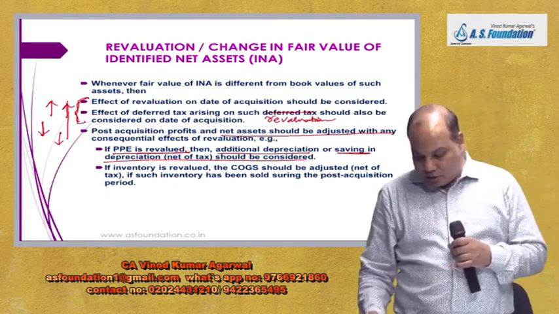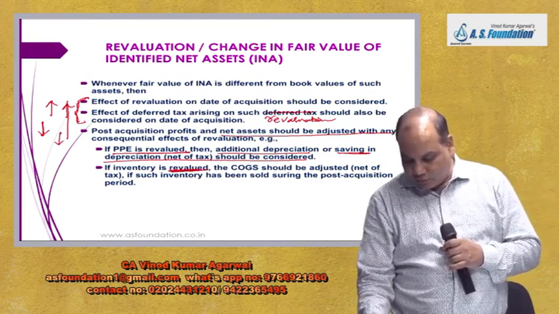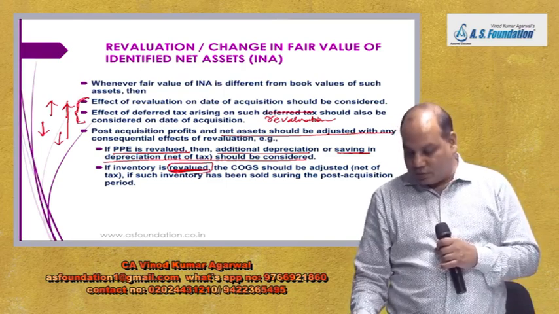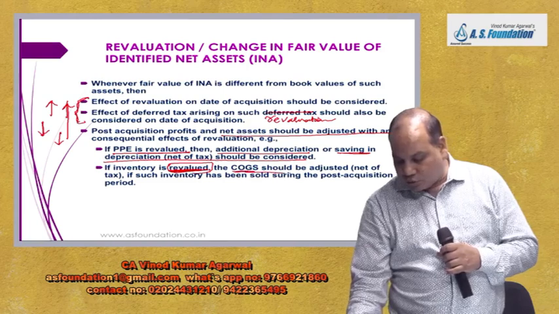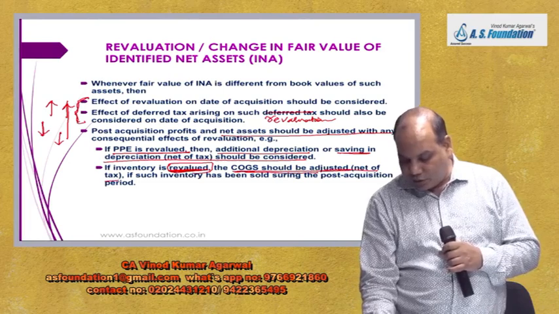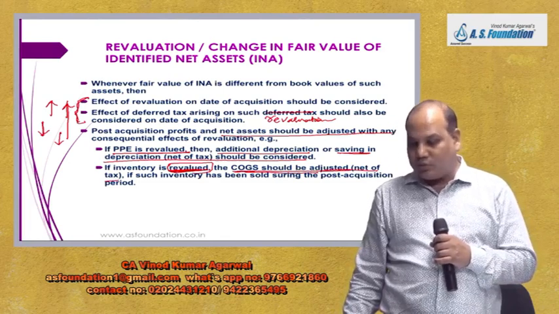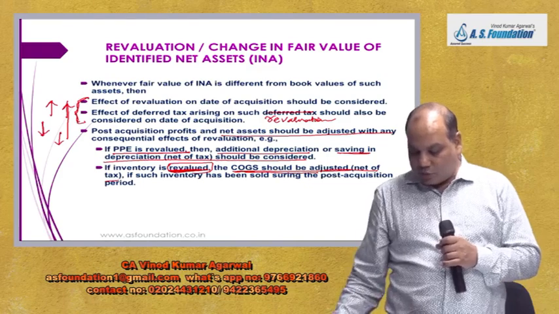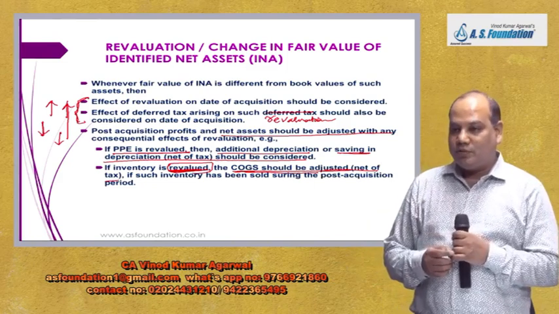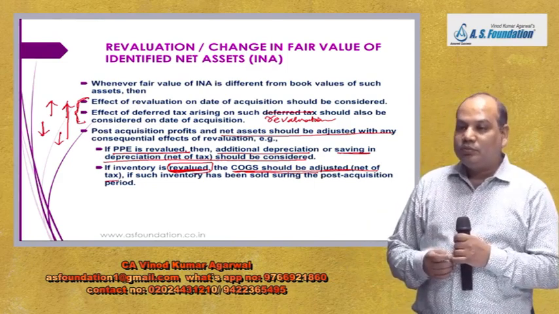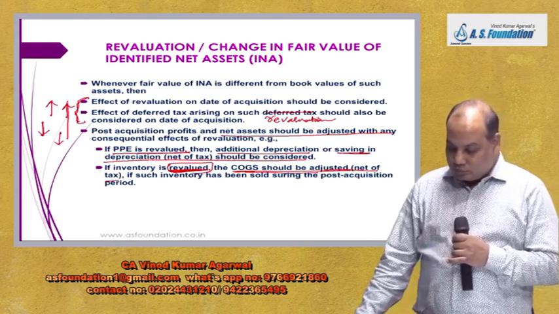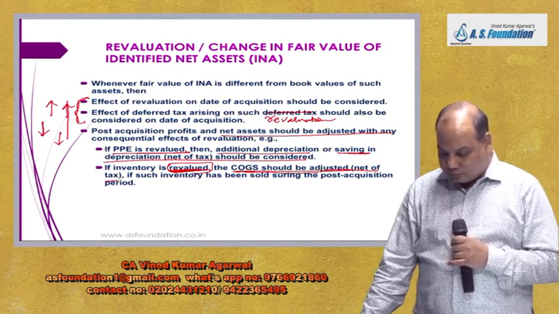And if inventory is revalued, this also remember, inventory can be revalued on the date of acquisition, then cost of goods sold should be adjusted, of course net of tax, if such inventory has been sold during the post acquisition period. Because if you buy inventory and if it is revalued upward, your opening inventory would change, so that will affect your cost of goods sold. That also you need to consider.